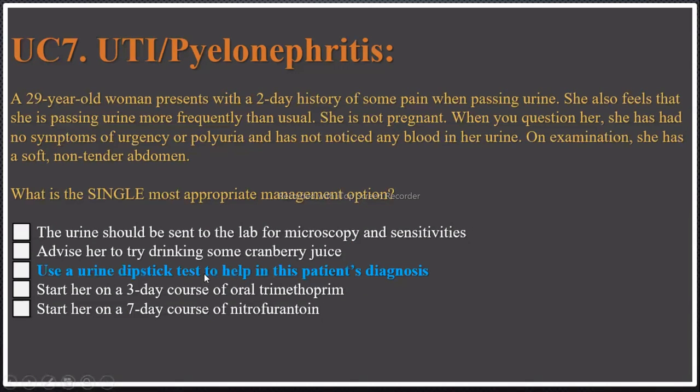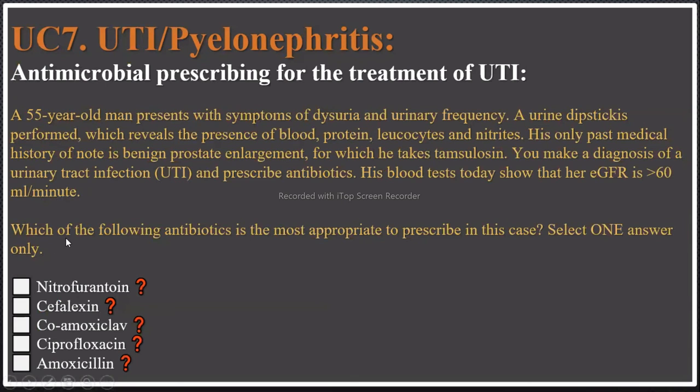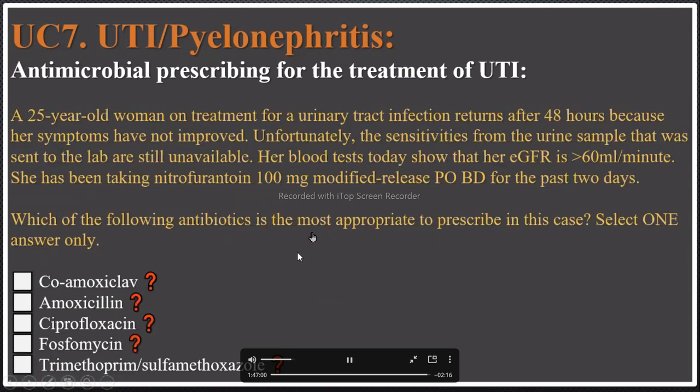Urine dipstick test to help in this patient's diagnosis. Which of the following antibiotics is most appropriate to prescribe in this case? Nitrofurantoin, number 1, GFR is high, more than 45. Which of the following antibiotics is most appropriate?